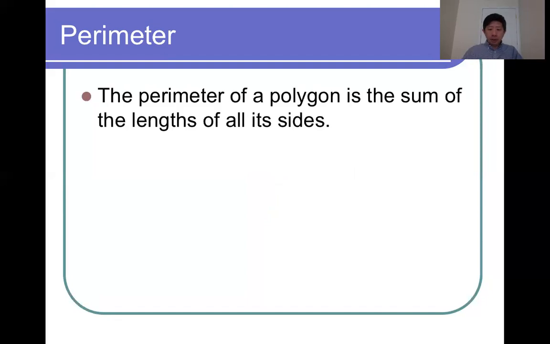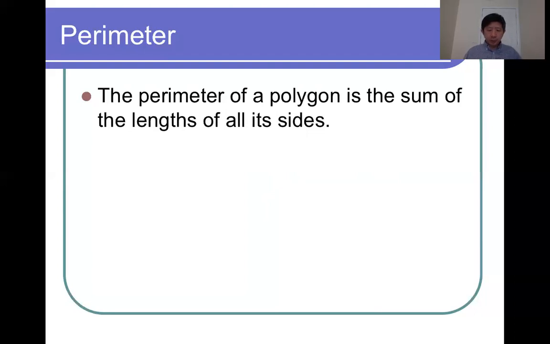And then what about the perimeter? The perimeter of a polygon is the sum of the lengths of all its sides.